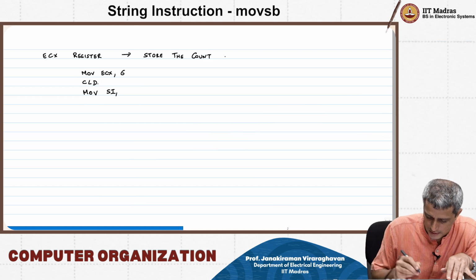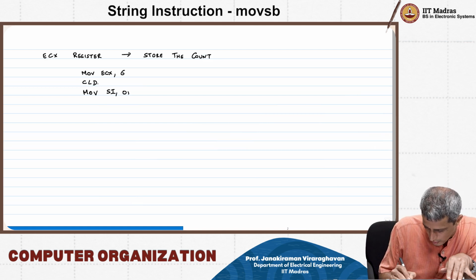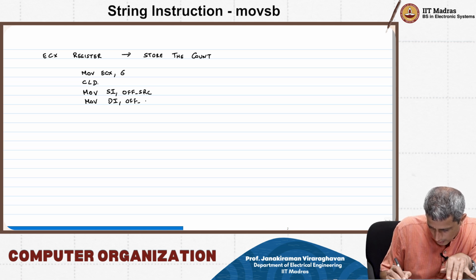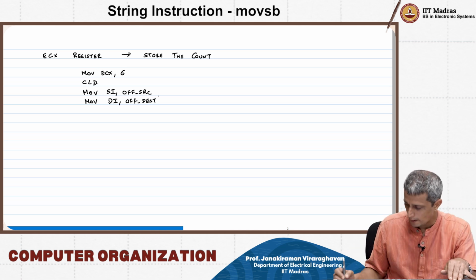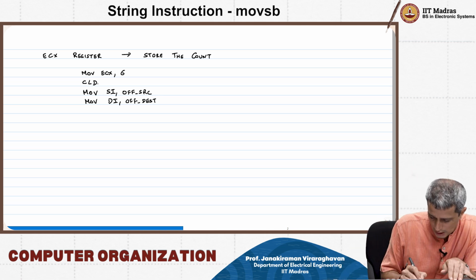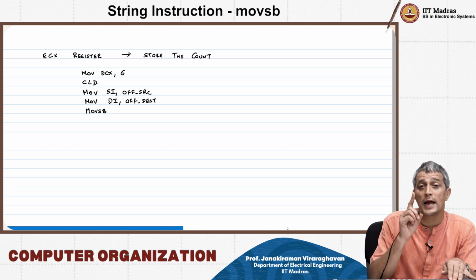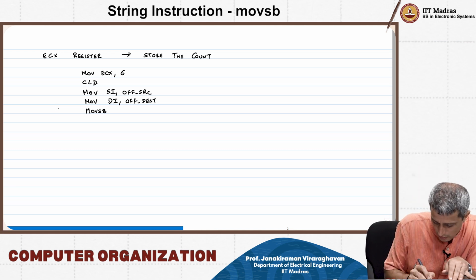So in that case you say move ESI, offset underscore source, move EDI, offset underscore destination, and of course now I have to do moves byte, but now I add a prefix to this instruction, which is REPNZ.